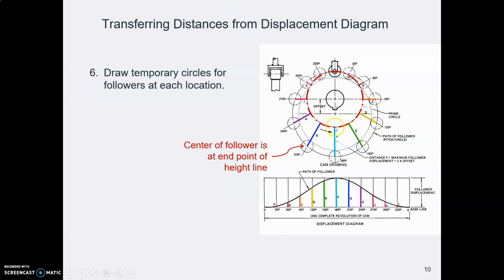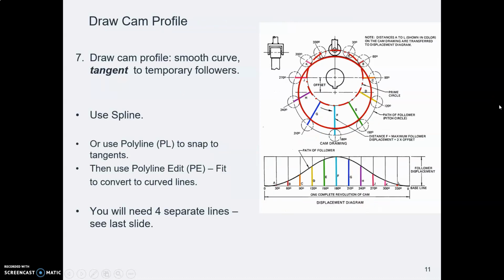And as you lay out these distances, our follower is, I think, a 3/4 of an inch diameter circle. The center of the follower is sitting at the end point of that radial line. And then we come along and draw the actual cam. And how do we do that?